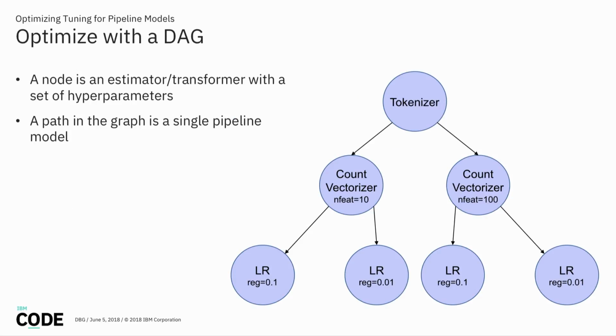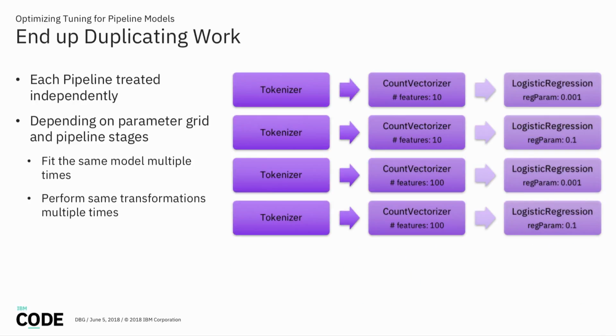So a better way to represent this is with a graph. Just going back, let me talk about what work is duplicated here. You can see that for the count vectorizer model, we need to fit 2 count vectorizer models, but we end up doing each one twice. And we have a tokenizer at the beginning stage, so we end up doing the same tokenizer transform 4 times.